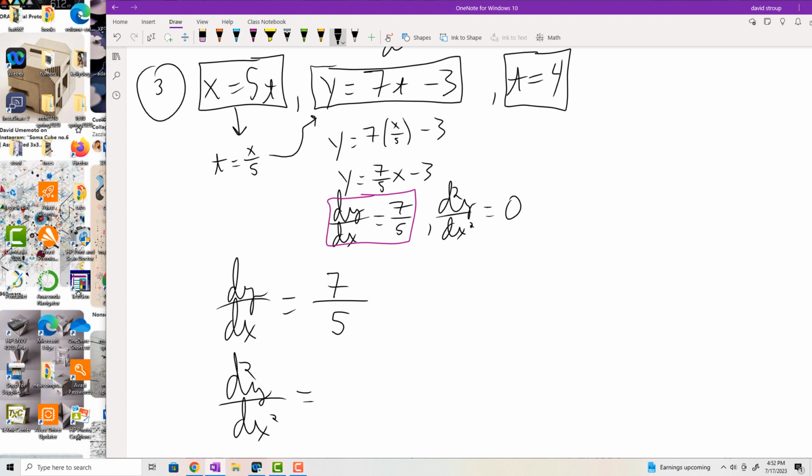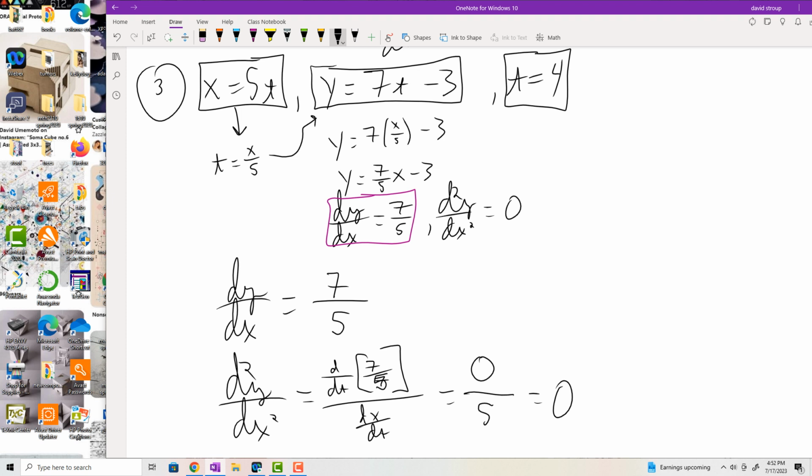So this time, it's the derivative of the first derivative with respect to t all over the derivative of x with respect to t. Okay, so the derivative of the first derivative, this constant, with respect to t, is just 0. And then all over the derivative of x with respect to t, which is 5. So this will be 0.